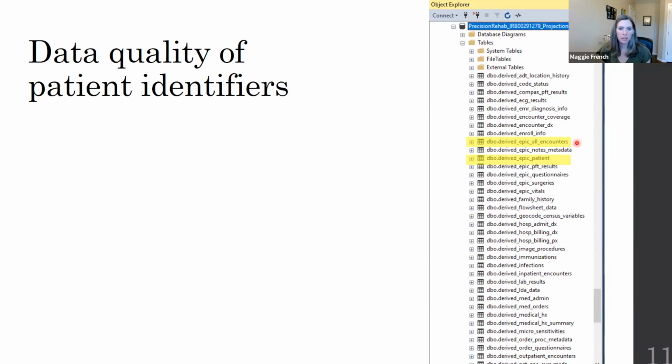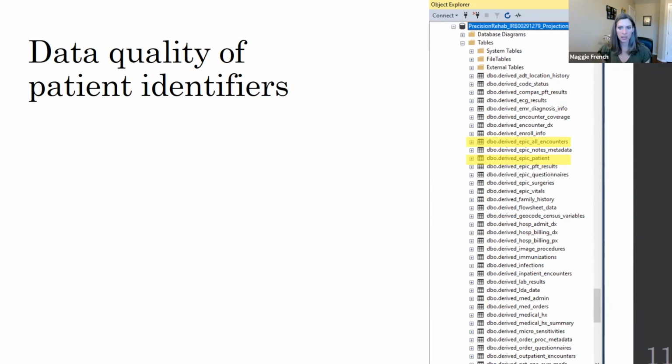Another table is called the all encounters table. And what we would expect is that any patient who's in our repository should have some sort of encounter with our healthcare system. Otherwise, why would they be in our repository? And so this is a really basic screen of data quality that I think is often overlooked, but it's an important one.